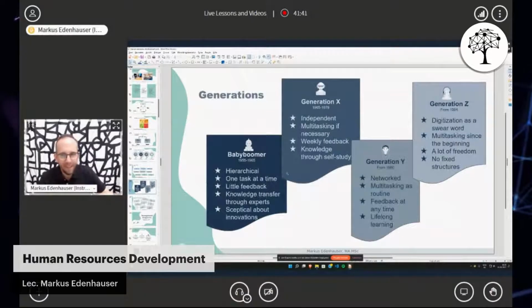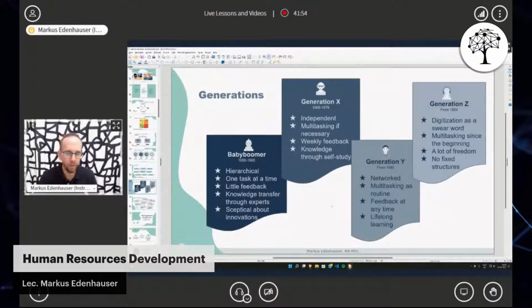We also talked in the last live session about the generations. And it's necessary that we, as human resource managers, know the differences between the generations, because nowadays there is also a new generation. They really don't like working on a regular basis.